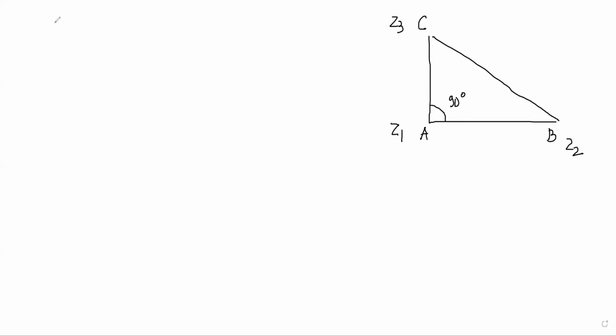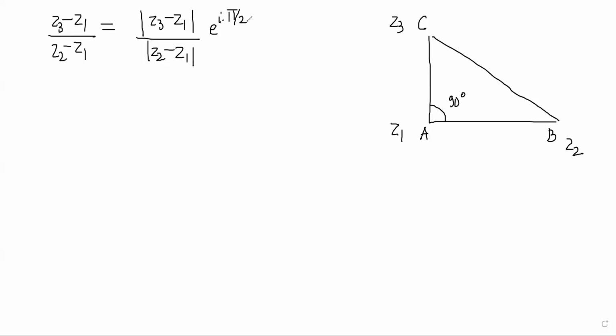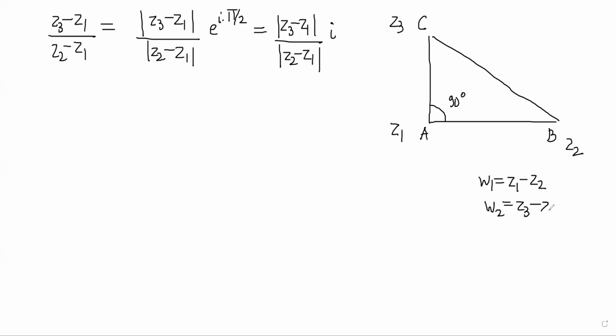I have gotten (Z3 minus Z1) by (Z2 minus Z1) is equal to mod of (Z3 minus Z1) by mod of (Z2 minus Z1) times e power I pi by 2, which is basically (Z3 minus Z1) by mod of (Z2 minus Z1) multiplied by I. And we know from the question itself that W1 was Z1 minus Z2, W2 was Z3 minus Z2.